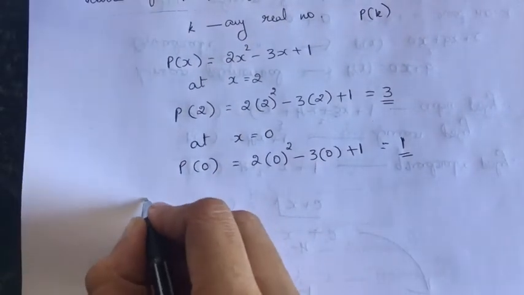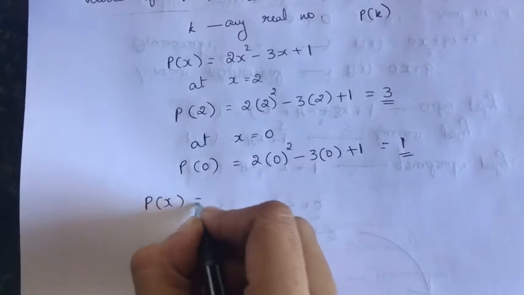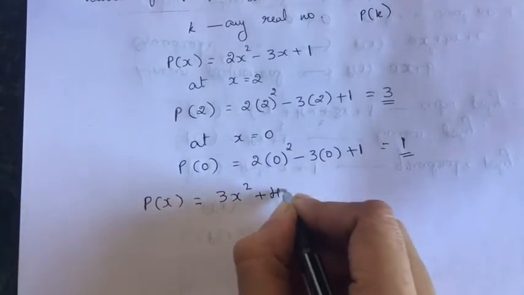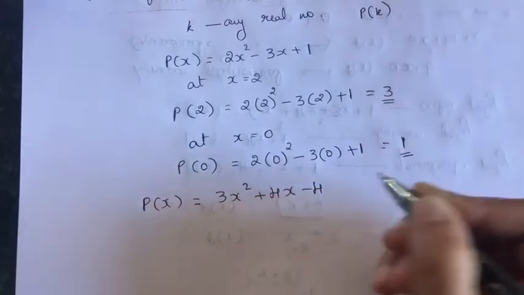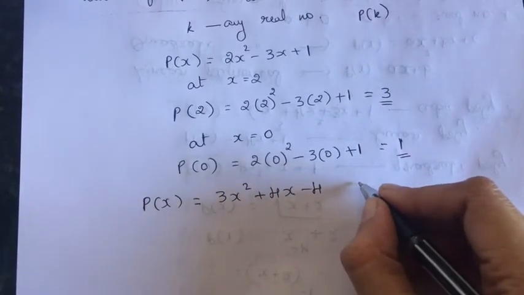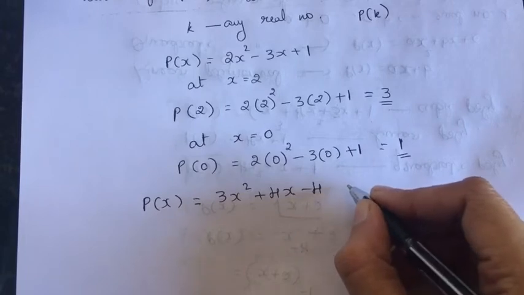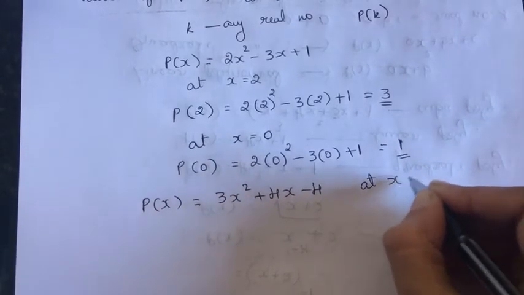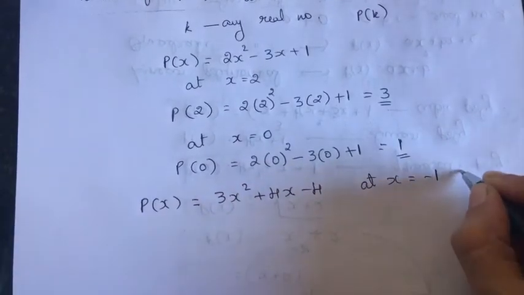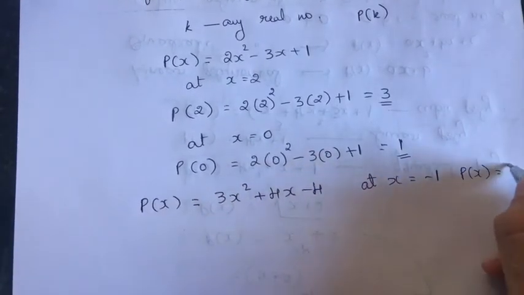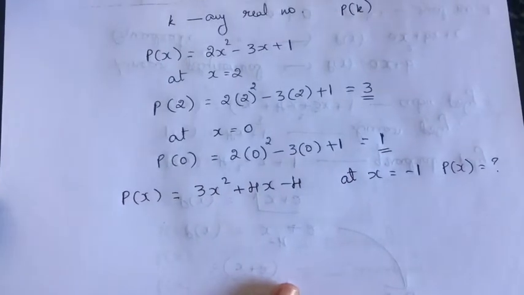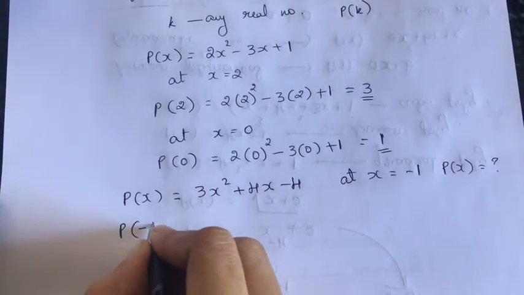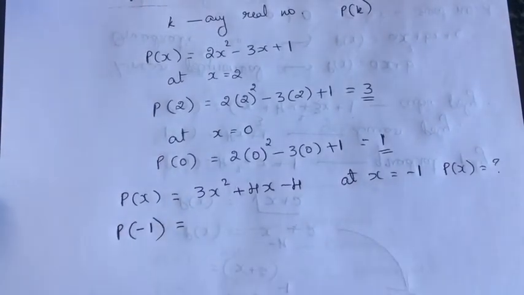Say suppose I have a polynomial P of x is 3x square plus 4x minus 4. Can you tell me what is the value of the polynomial P of x at x equal to minus 1? Can you try? I want to have the value of P of minus 1.